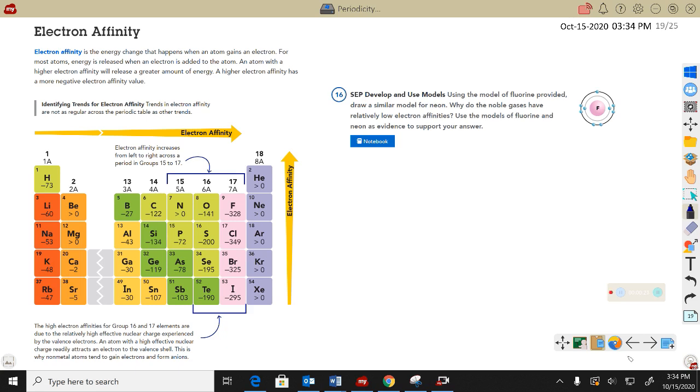So if I wanted to break this down as a little equation, it might be my atom X, whatever X might be, and X is going to gain an electron. By gaining an electron, I form the X minus 1 ion.